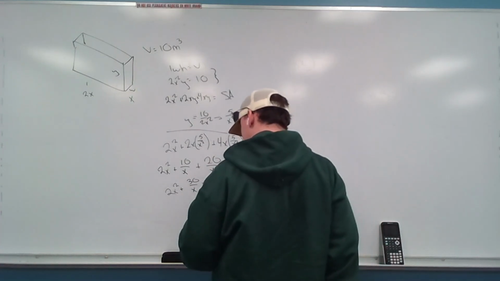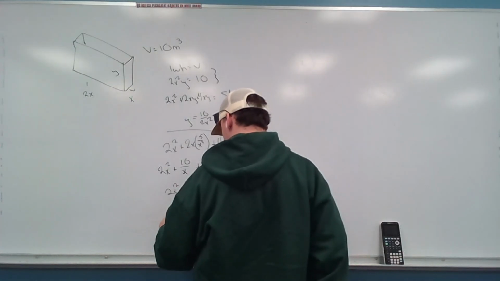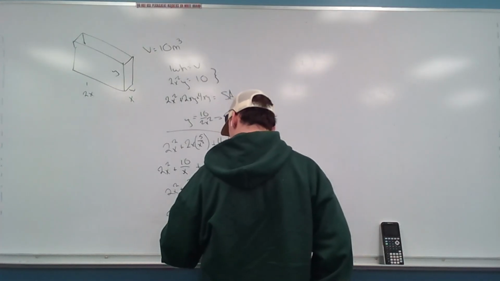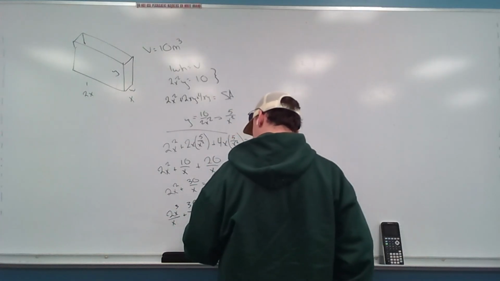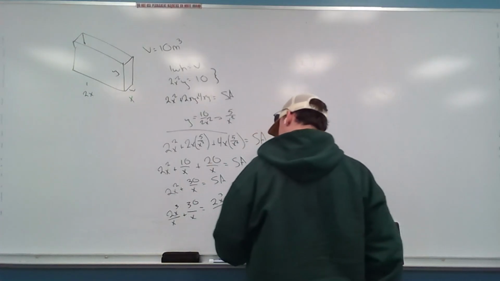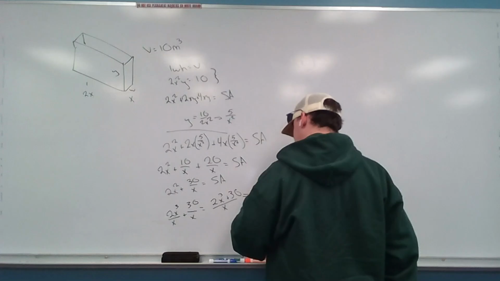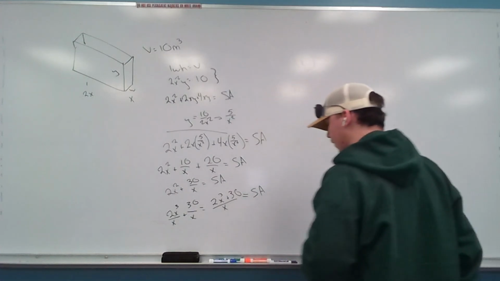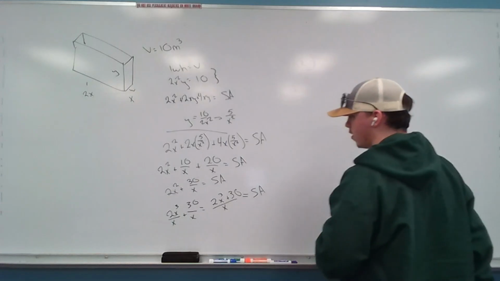And to go even further, we can have 2x cubed plus 30 over x equals surface area. Now we're going to want to find the derivative to find where that can have its smallest possible value. Might have overcomplicated that.